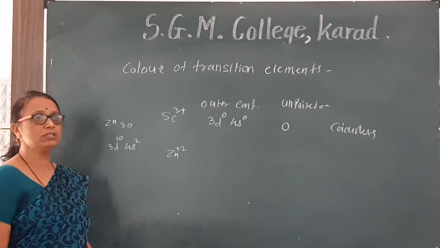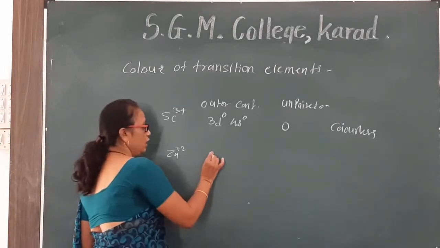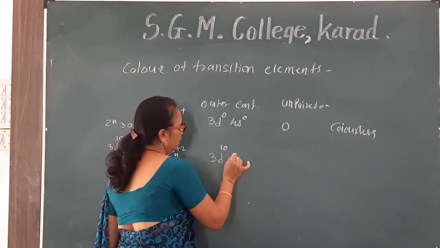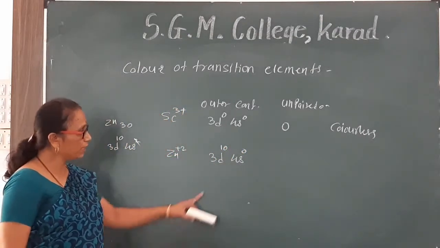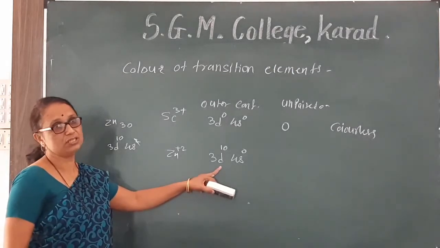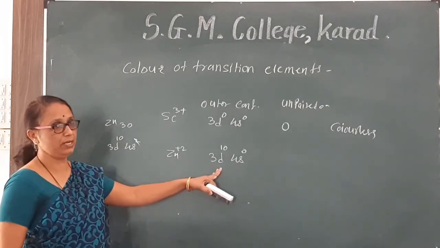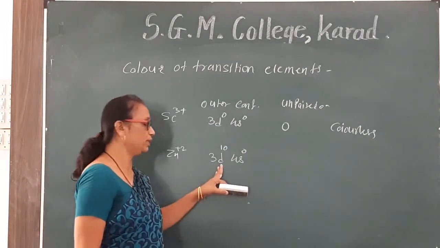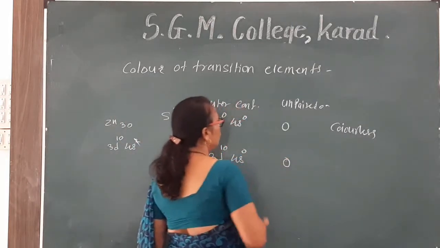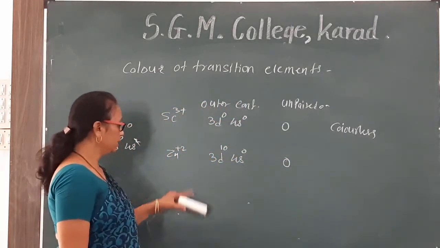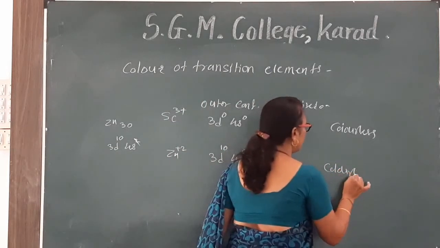As it has only one oxidation state +2, 2 electrons are lost, therefore configuration 3d10 4s0. How many unpaired electrons? There are 10 electrons in the 3d orbital, but there are no unpaired electrons because all the 3d orbitals are completely filled. Unpaired electrons are 0, and hence Zn 2+ is colorless.